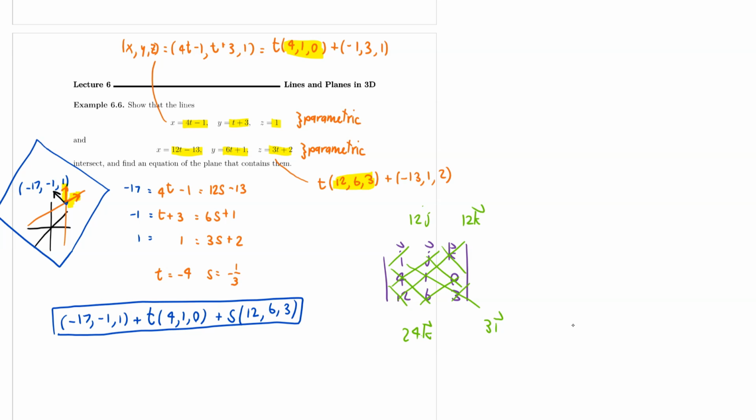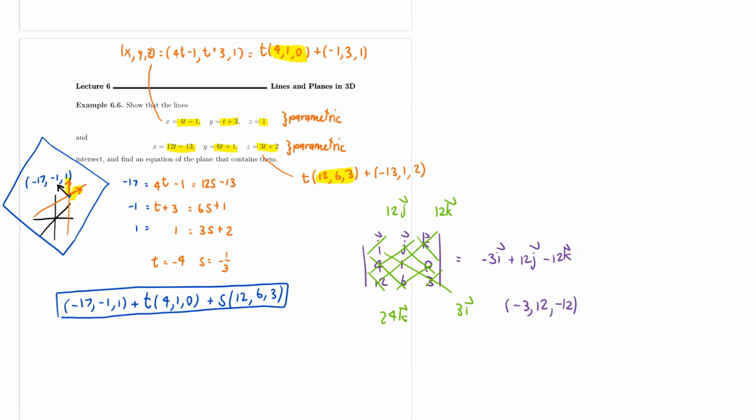So the determinant of this matrix, which is going to be the coordinate for my black vector, is going to be negative 3i, and then plus 12j, and then minus 12k. So that means the coordinate for my black vector is going to be just negative 3, 12, and negative 12.